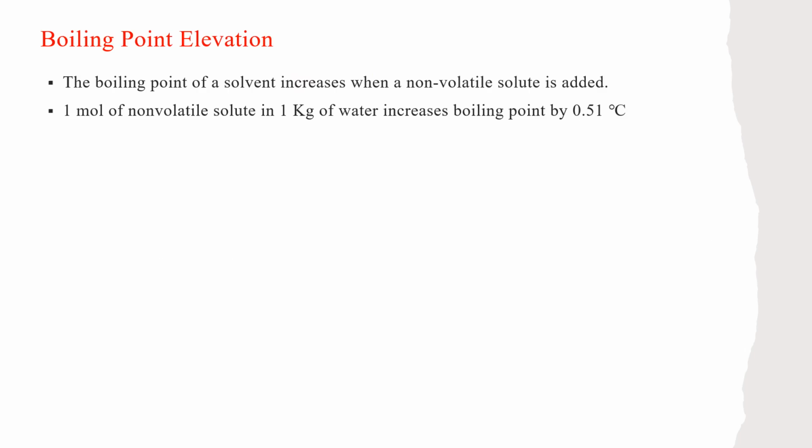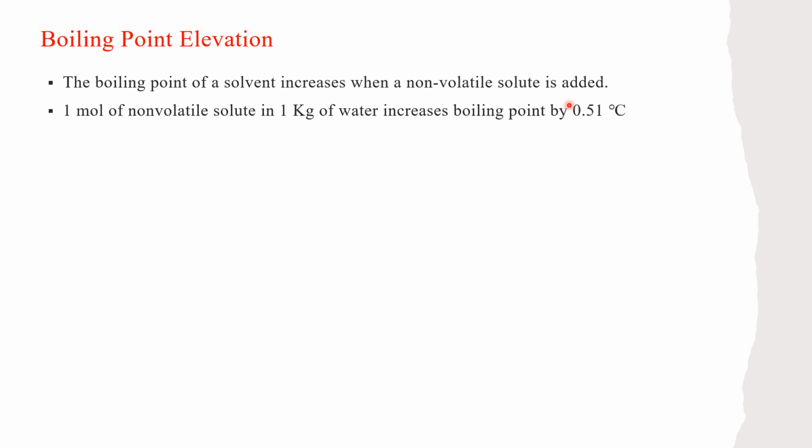Boiling point elevation. The boiling point of a solvent increases when a non-volatile solute is added. You know the pure water boiling point is 100 degrees Celsius. However, if we dissolve a non-volatile solute like sugar or table salt, that is sodium chloride, in water, the boiling point increases above 100 degrees Celsius.